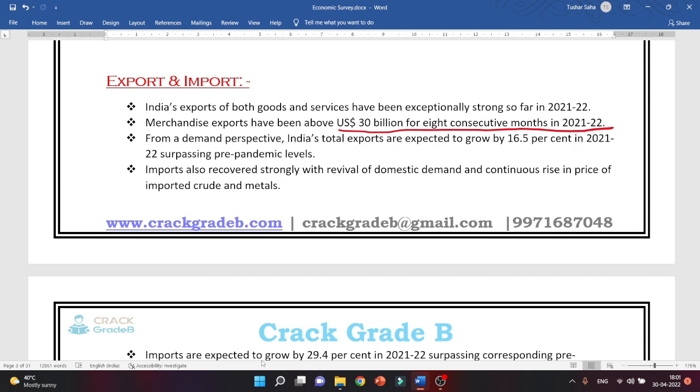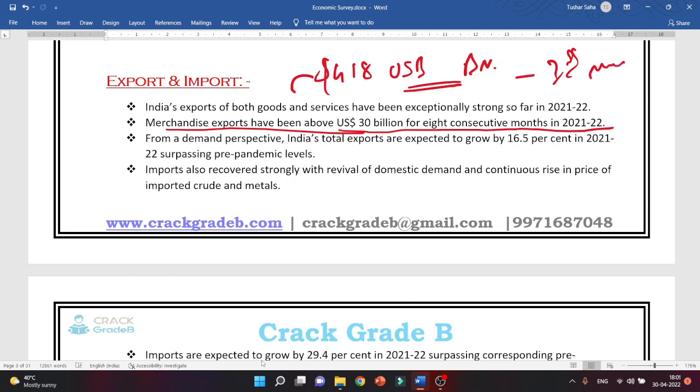The Economic Survey also highlights merchandise exports of $418 billion till 31st March 2022, right? So we have closed the financial year 22 with about $400 billion merchandise exports. So we have crossed 400 for the first time.